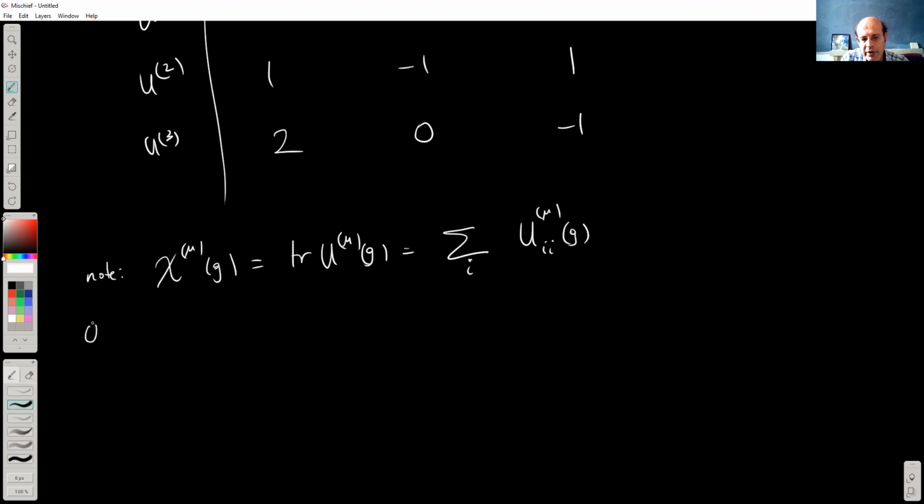Now, I'm going to remind you of this orthogonality of matrix elements. I'm going to write down the relationship again.